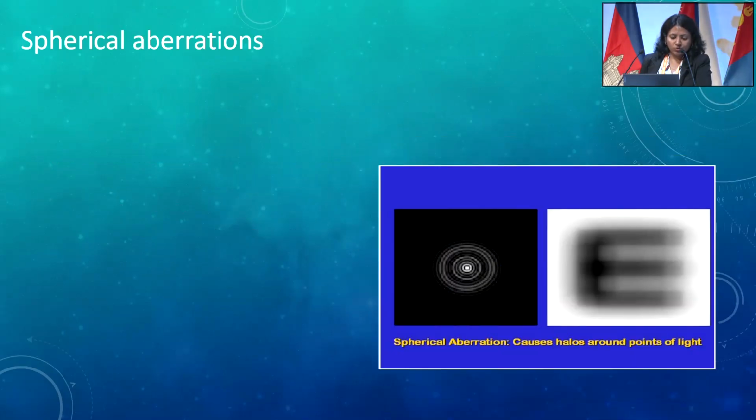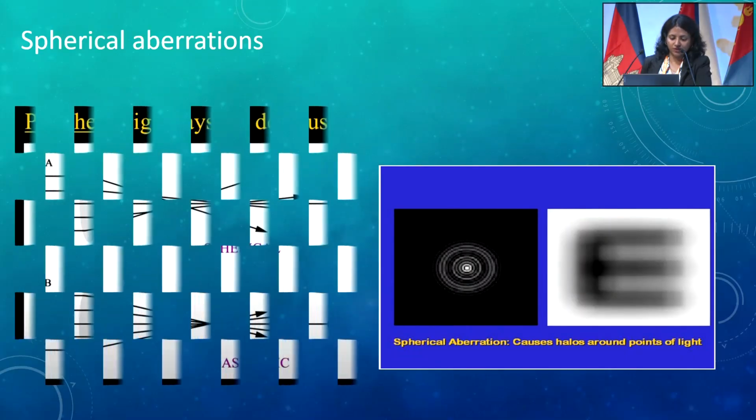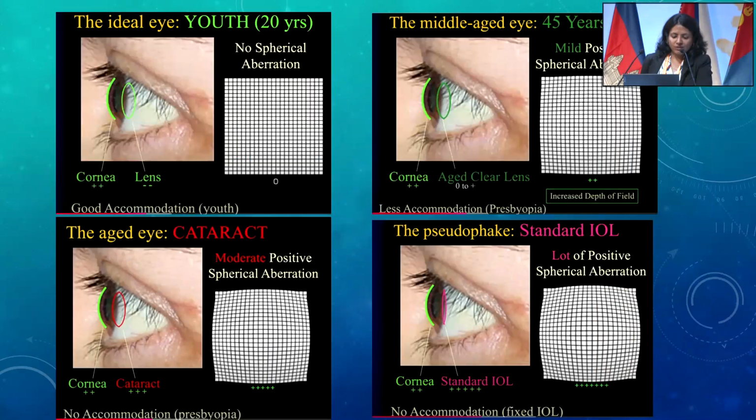So coming to an important higher order aberration, that is the spherical aberration, which is relevant for cataract surgery. What happens in the eye is, when the patient is young, the cornea has a positive spherical aberration and the lens is on the negative side. So it compensates and there's no total spherical aberration.